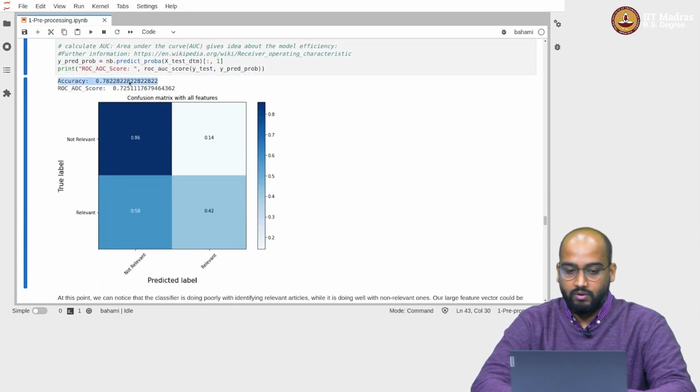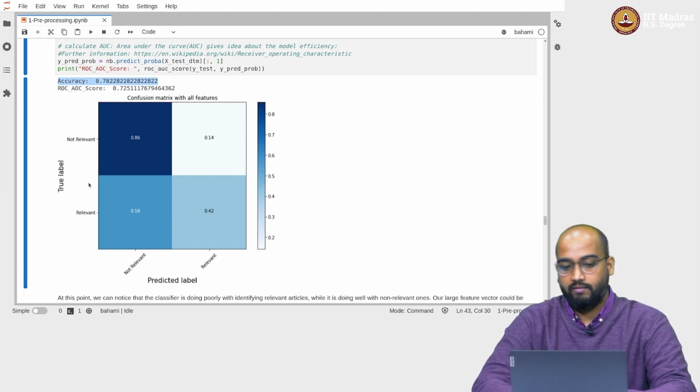So accuracy, you are well aware, is basically how many of those predictions did I make correctly, but that measure does not capture the whole picture. You would also want to look at a confusion matrix like this. Here you had two classes, since you dropped the not sure class earlier, and you have only two classes, relevant or not relevant.